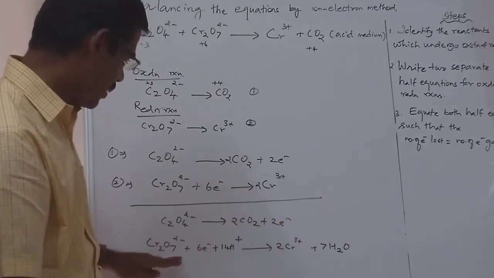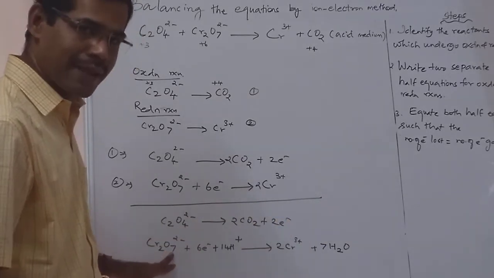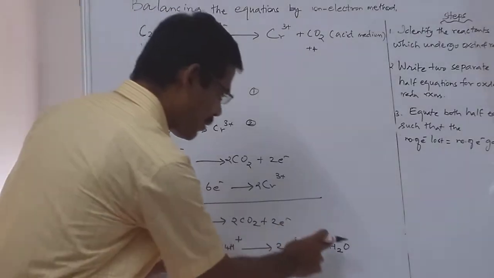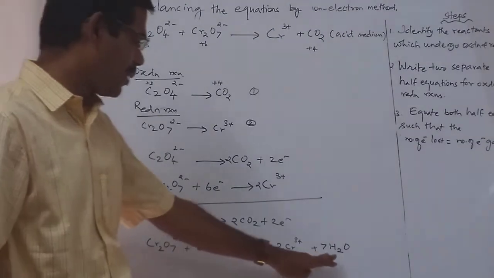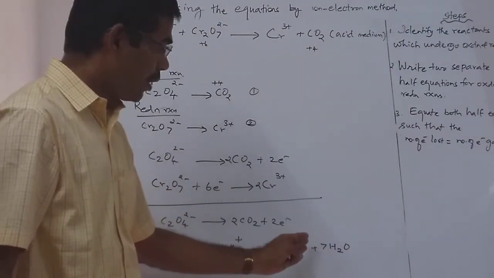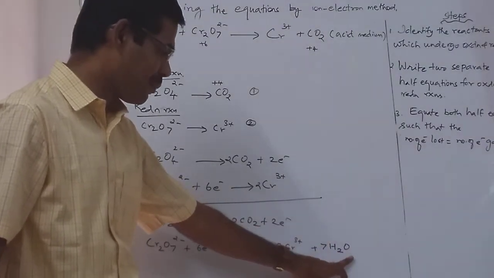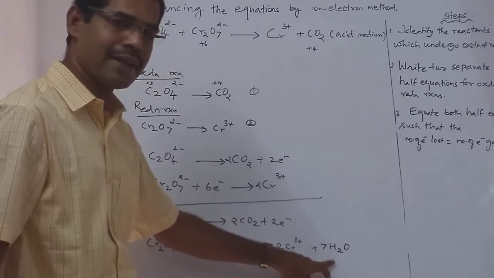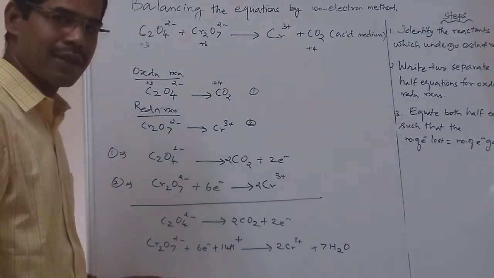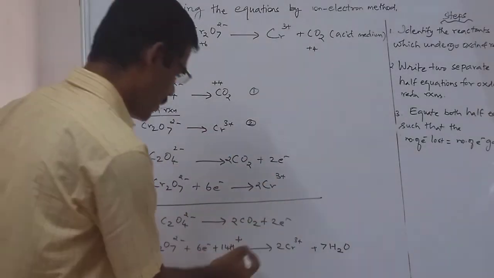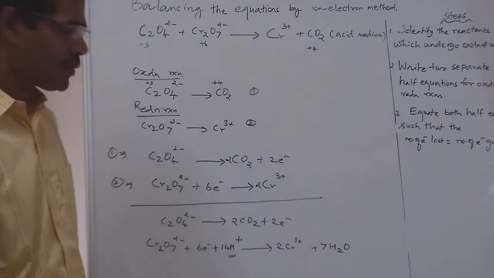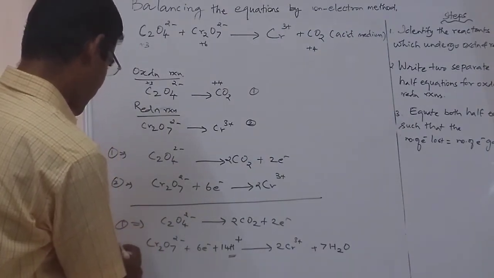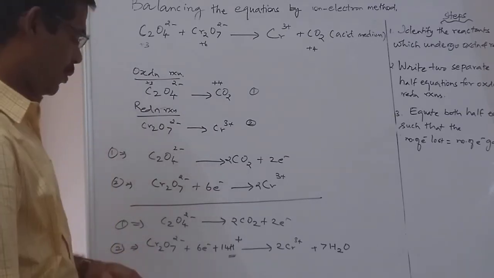So to make the number of oxygen atoms equal, since I require 7 oxygen atom, I have added 7 water molecule. அப்ப oxygen atoms now equal on both sides. After writing 7 water molecules you could see 14 hydrogen atom on the right hand side which is not there on the left hand side, to make the number of hydrogen atoms equal I have added 14H plus. சரிங்களா, இது என்ன ஆயிடுச்சு உங்களுக்கு, first equation இந்த மாதிரி மாறிடுச்சு, second equation இந்த மாதிரி மாறிடுச்சு.